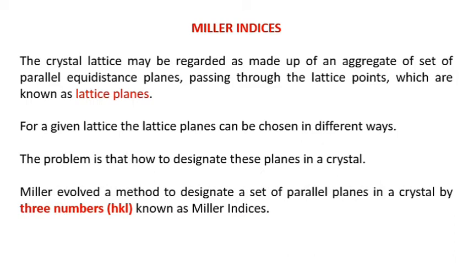So here we came across a word called lattice planes. So what are lattice planes? A crystal lattice may be regarded as made up of an aggregate set of parallel equidistant planes passing through the lattice points, which are known as lattice planes. So in a crystal there are sets of parallel equidistant planes.